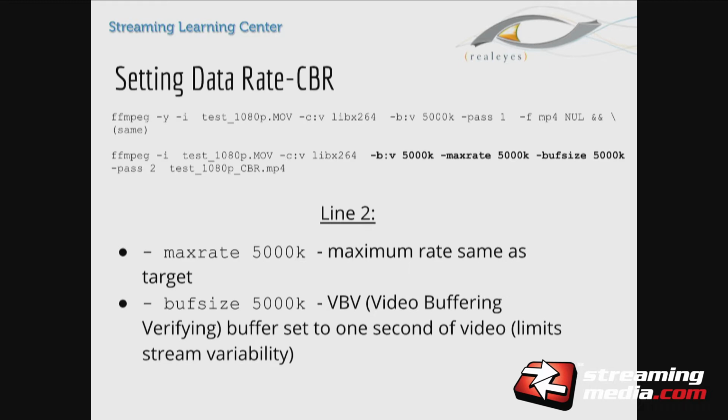And in the second line, you tell FFmpeg, look, make the maxrate, the top bit rate, 5 megabits per second. So you have the same target, the -b:v in the second line, with maxrate 5 megabits per second, and bufsize 5 megabits per second. And that's the video buffering verifier buffer. You want to set that at around 1 second of data rate to limit the variability in the file.